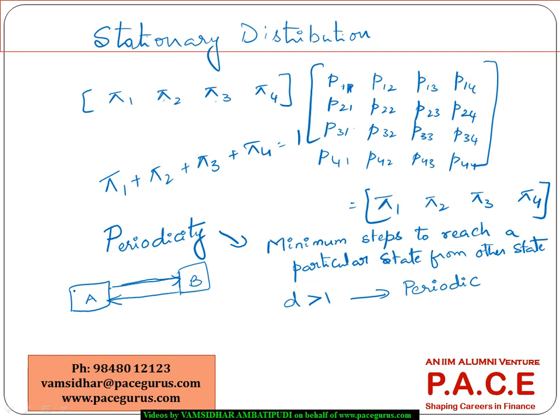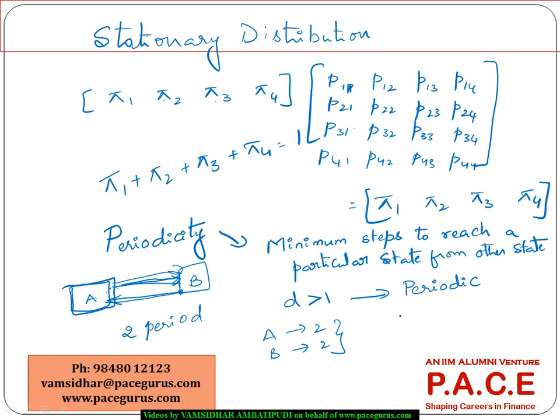Means for a process in state A to come back to state A, it requires 2 periods, because in one period it will definitely go to state B and then it can come down to state A. Similarly from B, it takes 2 periods to come back to B. So A requires 2 periods, B requires 2 periods, which means the minimum period for anything to be reached is 2.